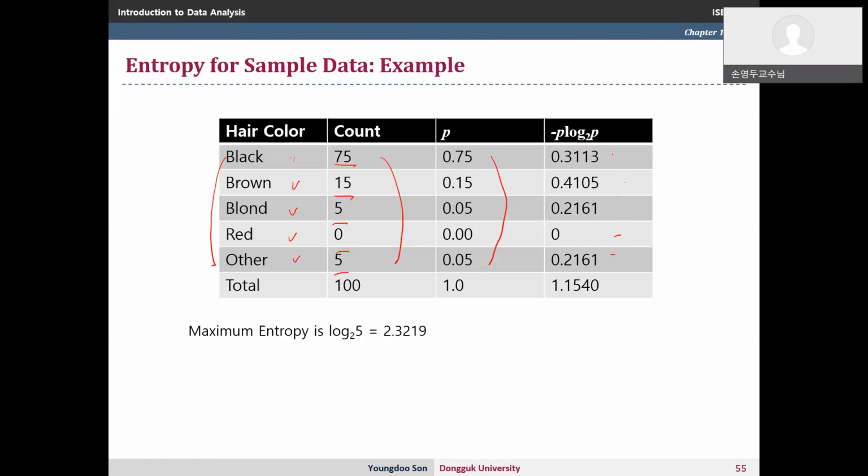So if we sum all of these values, then we can get this value, and this is the entropy of the outcome of hair color. The maximum of this entropy for the hair color is 2.32. It is only the case when the probabilities of all the hair colors are the same, here 1/5.